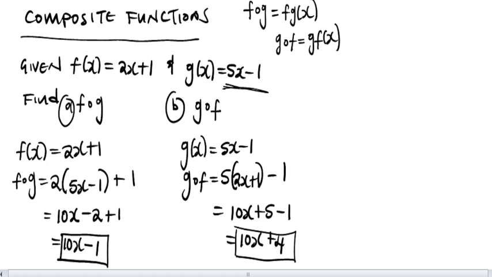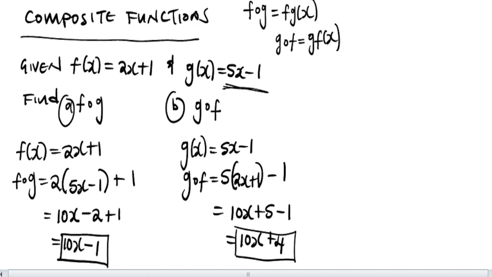Then if we are to find fg of negative 3, we just replace where there is x, we put negative 3. 10 multiplied by negative 3, we have negative 30. Then if we say negative 30 minus 1, we get negative 31.